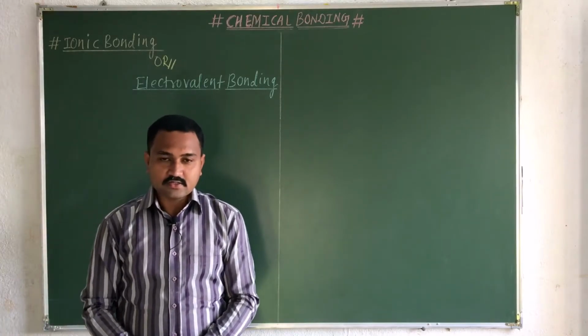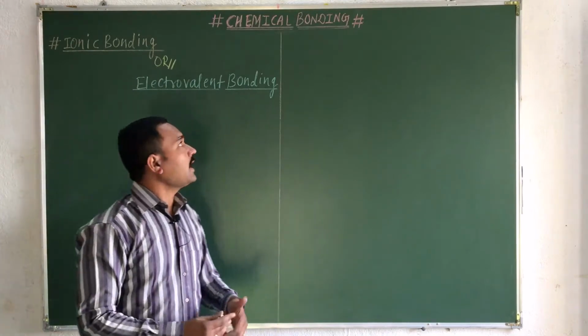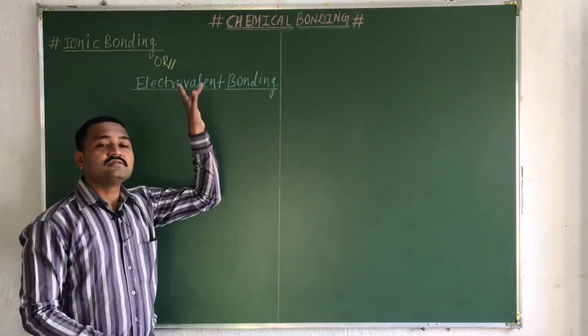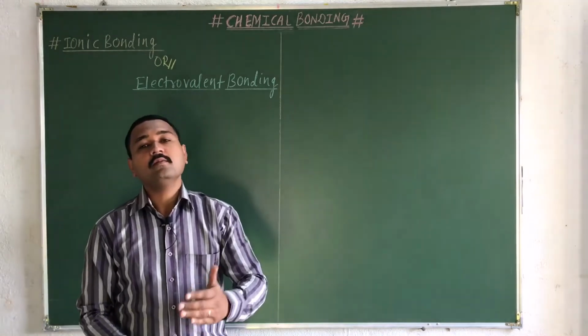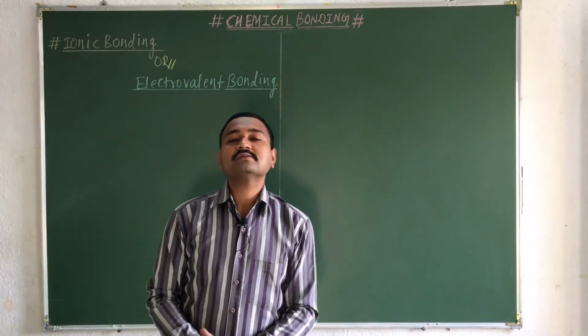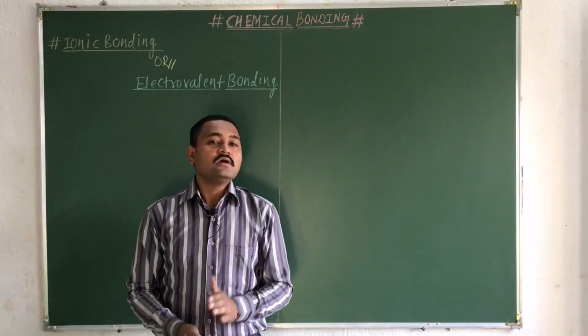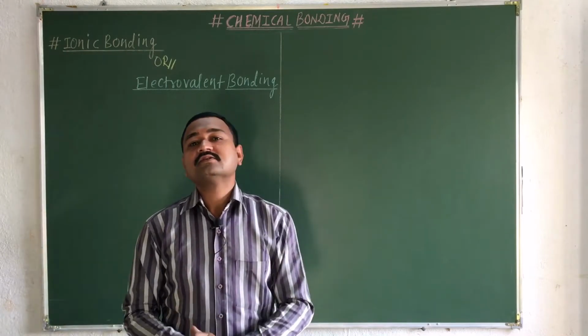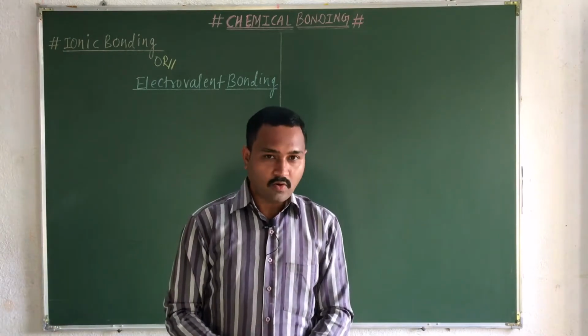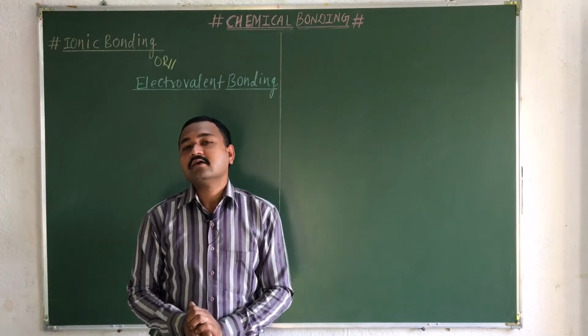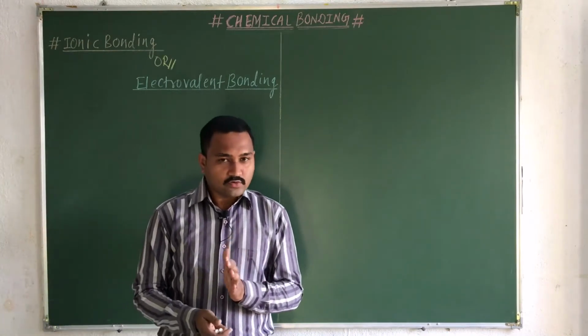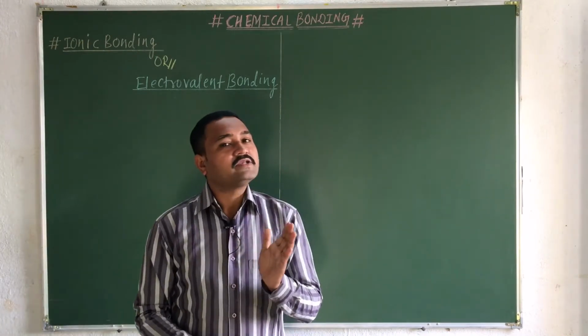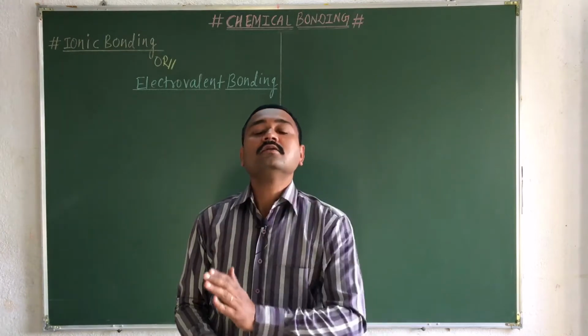Now in today's lecture, we are going to learn about ionic bonding, also known as electrovalent bonding. In the previous lecture, we studied the approach of Kossel and Lewis towards chemical bonding. There you studied that each and every atom tries to gain stability either by achieving the duplet or the octet.